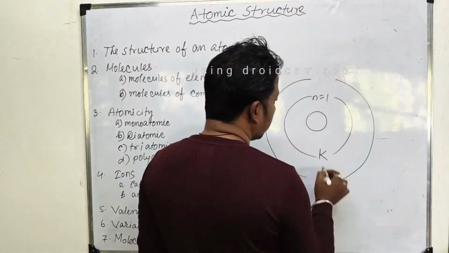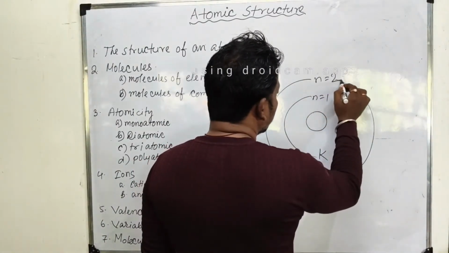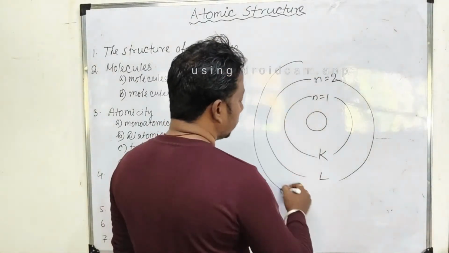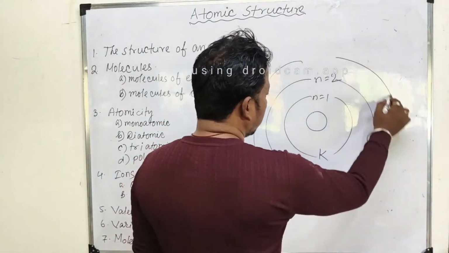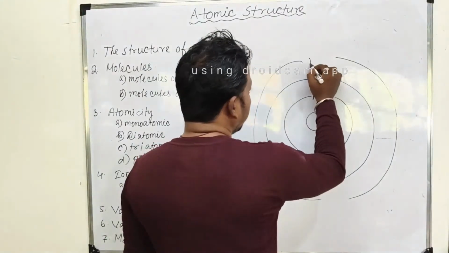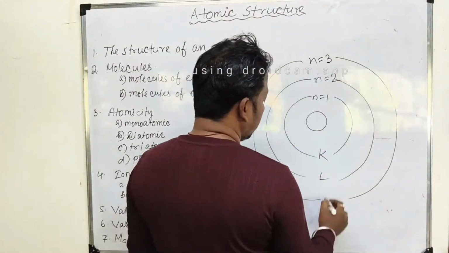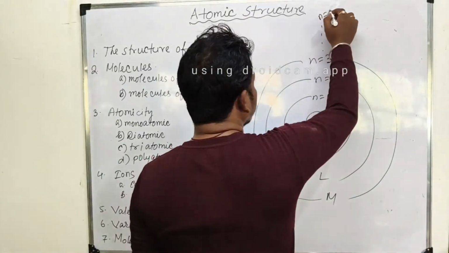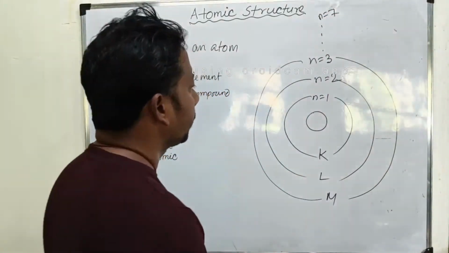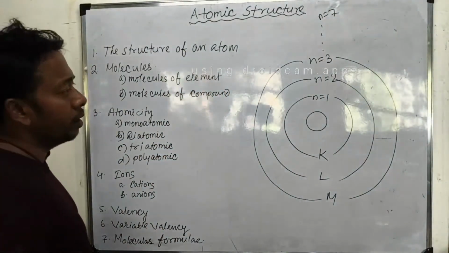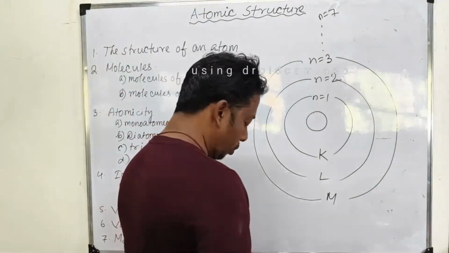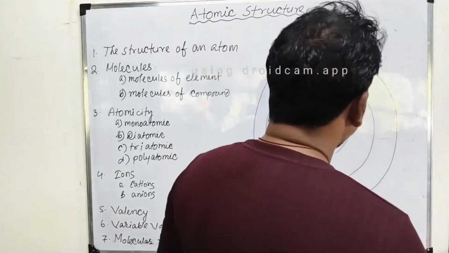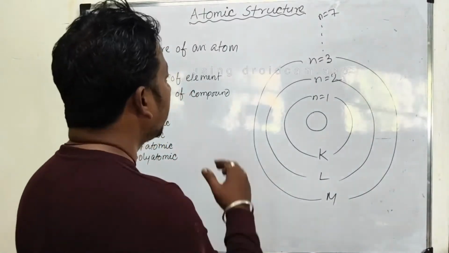The name of the second shell, n equals 2, is the L shell. The name of the third shell, n equals 3, is the M shell. There are up to n equals 7 shells. So there are 7 shells in an atom; how many an atom actually contains depends on its atomic number.